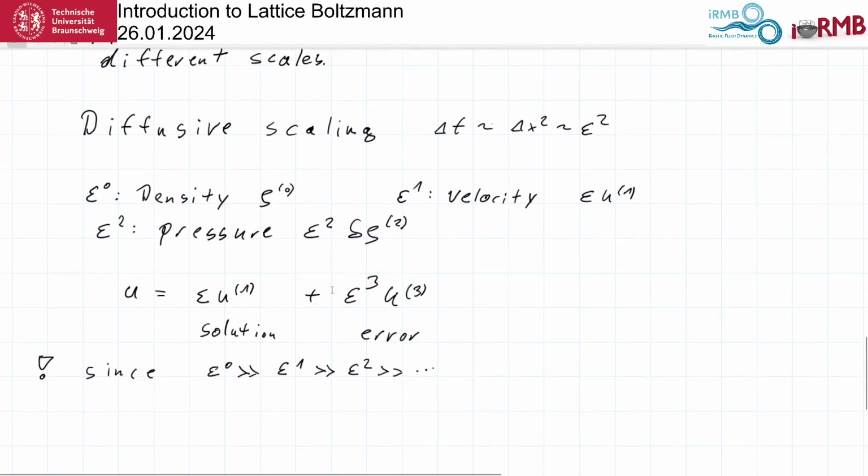So these variables, which are all stored in the same floating point number, have a separation of scales, which sometimes is good, and in this case is bad.